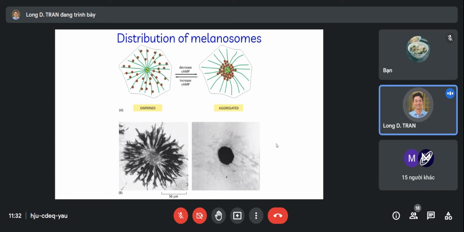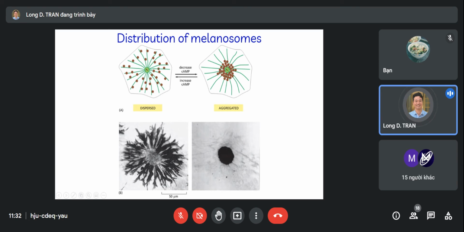Melanosomes depend on signals. When the cyclic AMP is reduced, then the kinesin will be activated, and therefore the pigment granules will be focused toward the center of the cells, and the cell will look brighter, because less light will be absorbed by the cells.